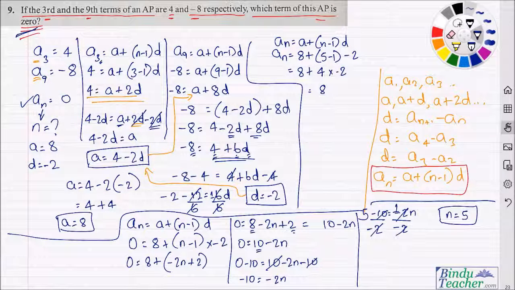We get 8 plus minus 8. So 4 into 2 is minus 8. So 8 minus 8 equals 0. So with this, we can say for sure that the nth term of this arithmetic progression where the value is 0 is 5. So the value of n is 5.